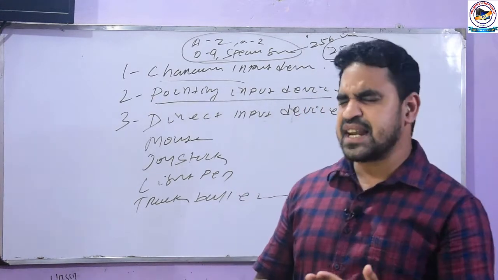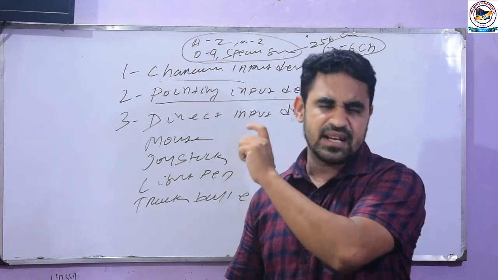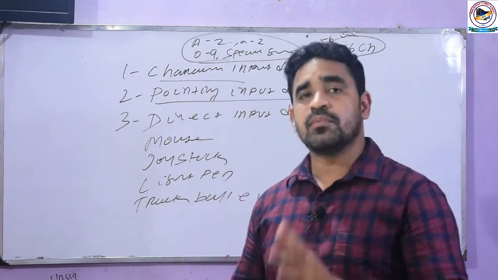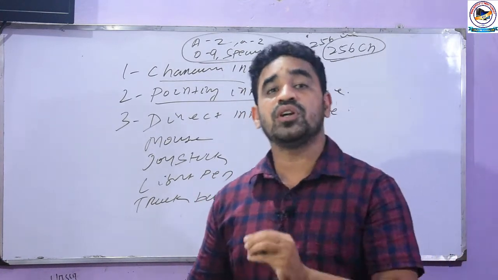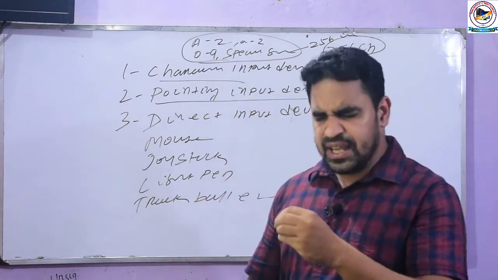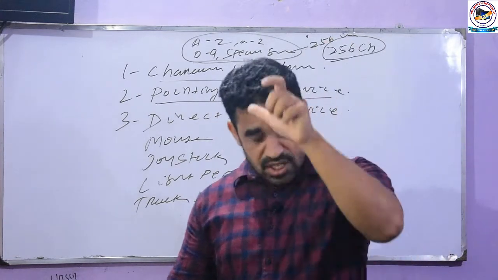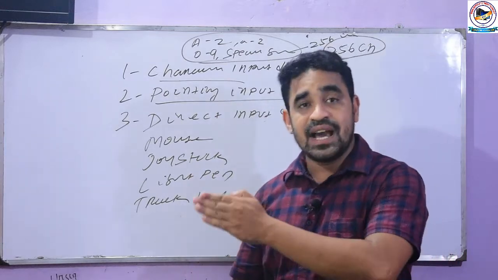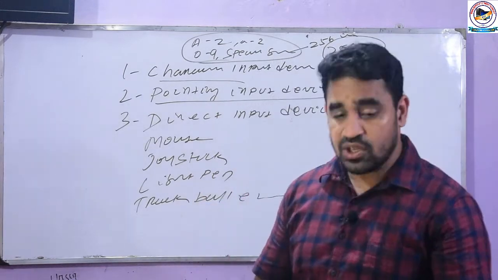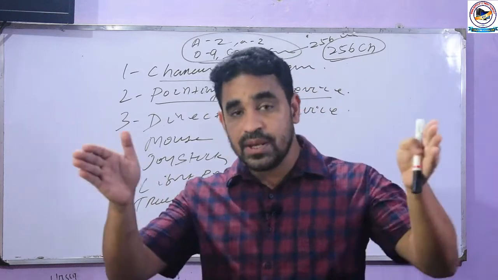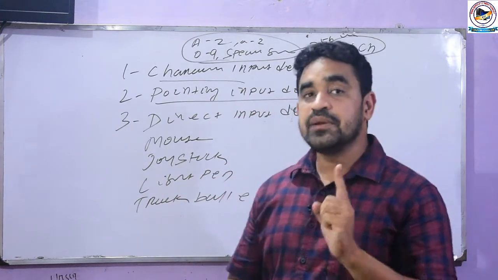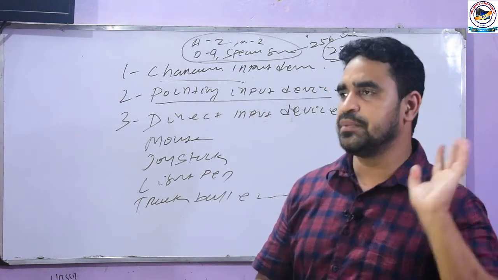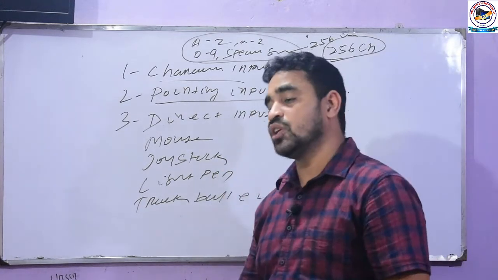In the next class I will create a special class about the keyboard. A keyboard contains a number of keys and the functions of different keys. Today we discuss the input device. Keyboard is another chapter, in which we will discuss the keyboard briefly. A keyboard contains a minimum of 104 keys, without multimedia keys.